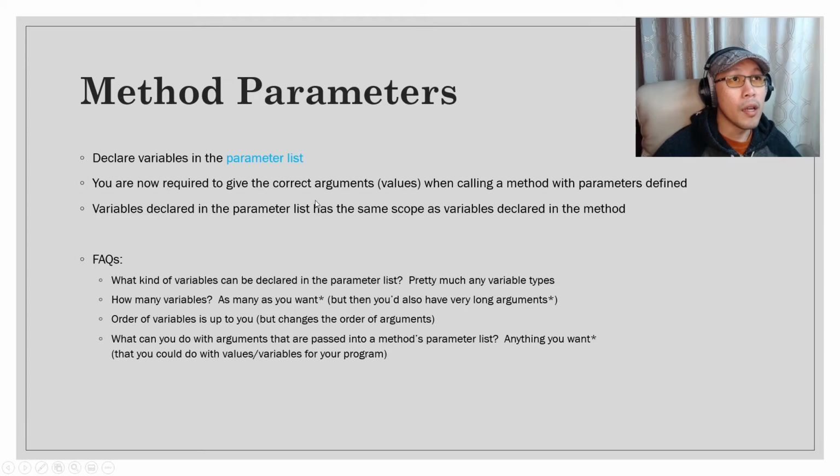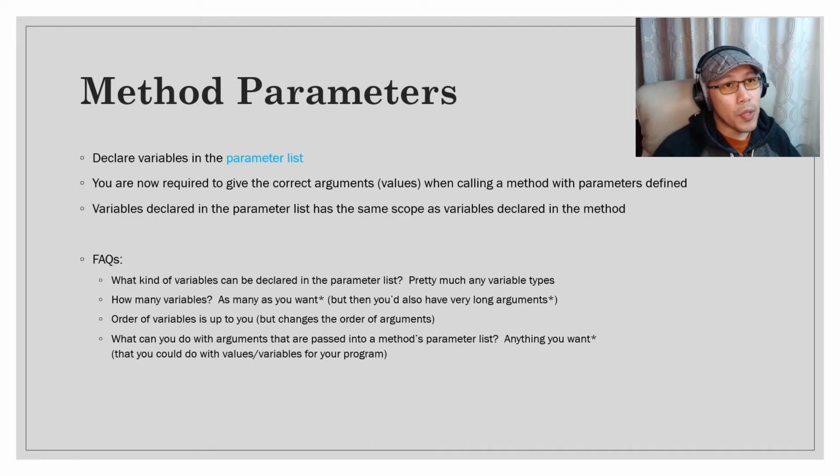Okay, now let's think about a few different things. What kind of variables can be declared in the parameter list? Pretty much any variable types. Another question is how many variables? The short answer is as many as you want, but then you would have to have the correct number of arguments when you call the method.